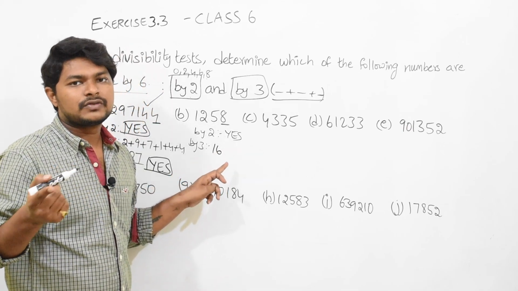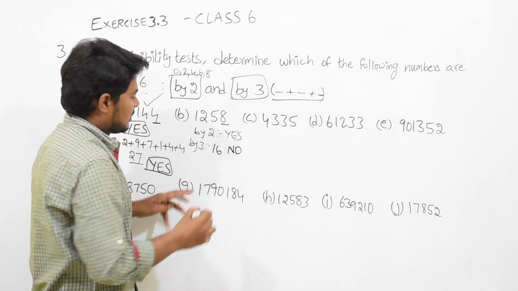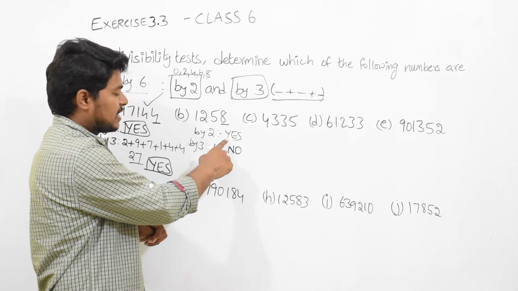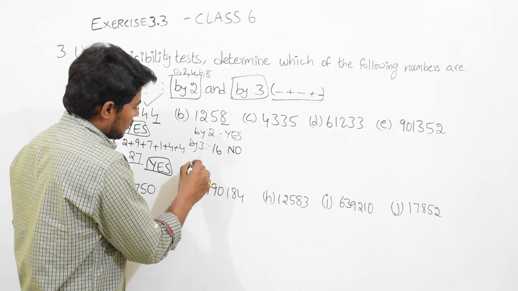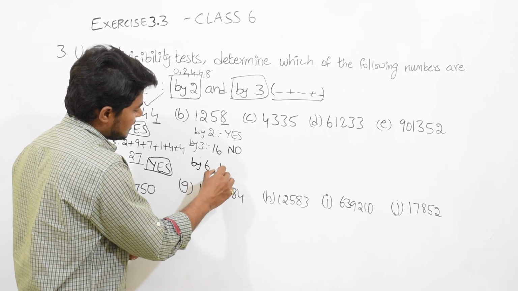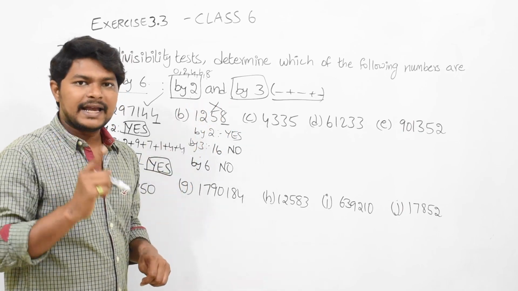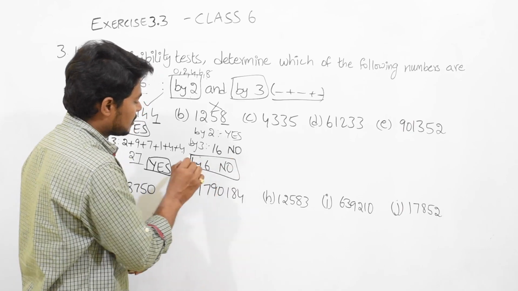No. 3 into 5 is 15, 3 into 6 is 18. So by 3 is no. See here, divisible by 2 is yes, divisible by 3 is no. So by 6 is a big no. So this will not satisfy the condition of divisible by 6. Okay, by 6 is no. This is what we require.